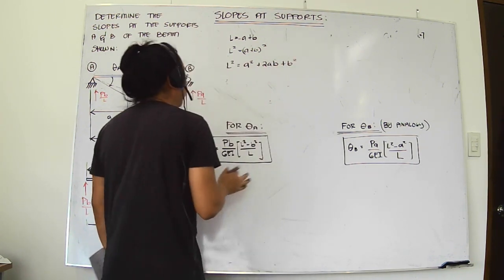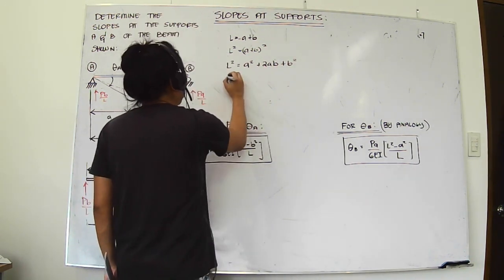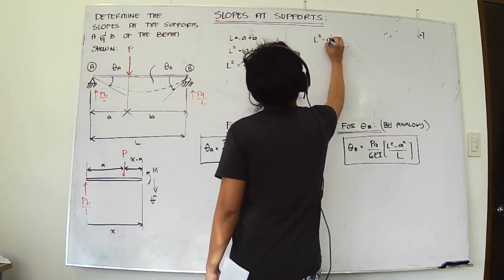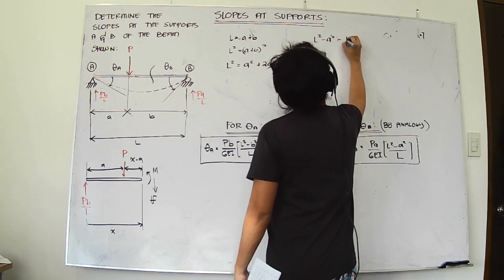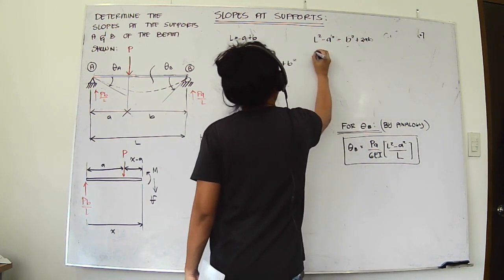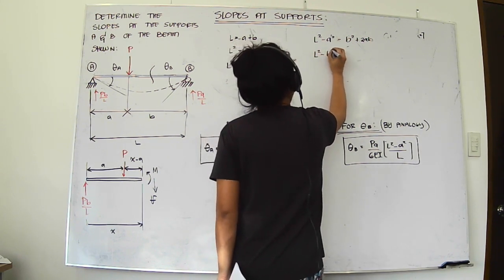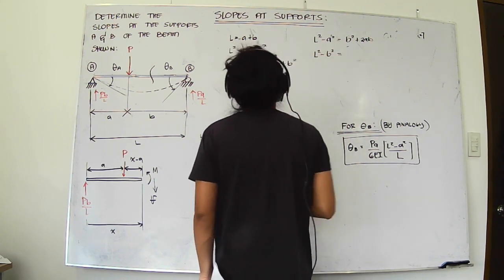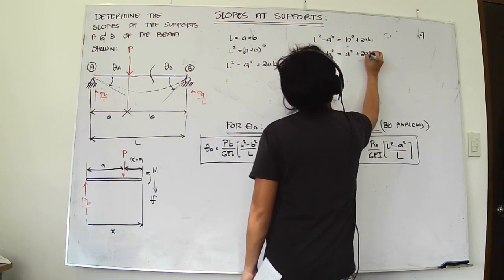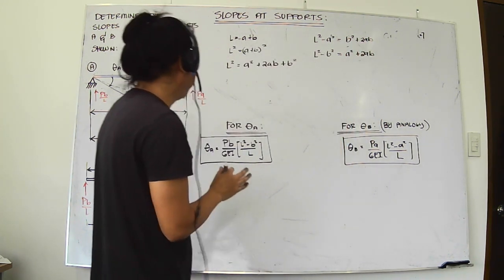So L squared minus A squared is equal to B squared plus 2AB. Or L squared minus B squared is equal to A squared plus 2AB.